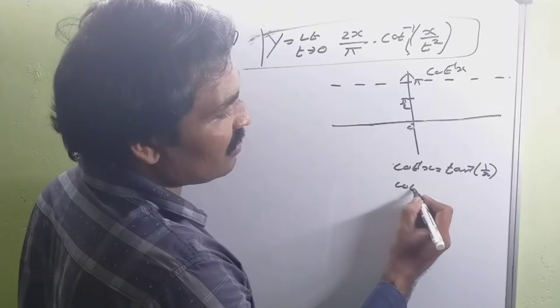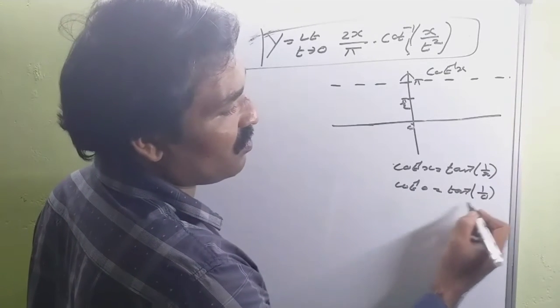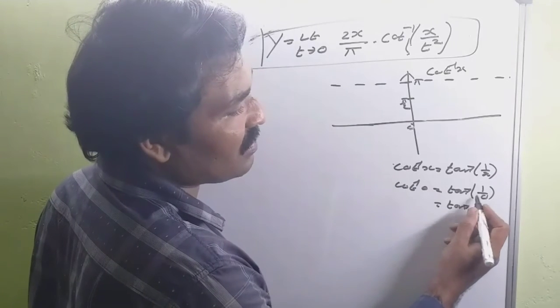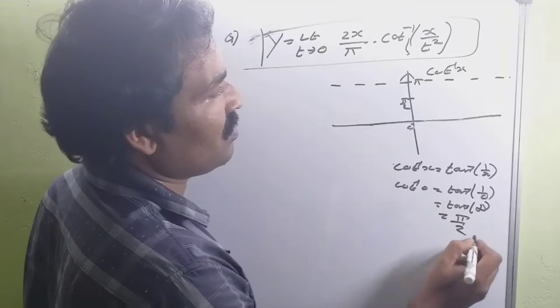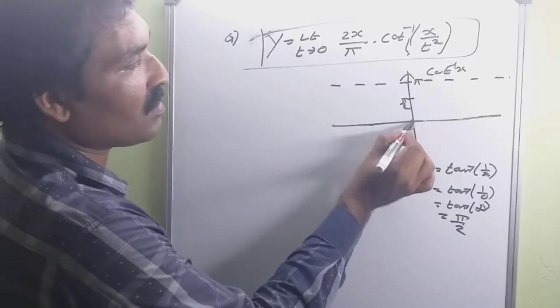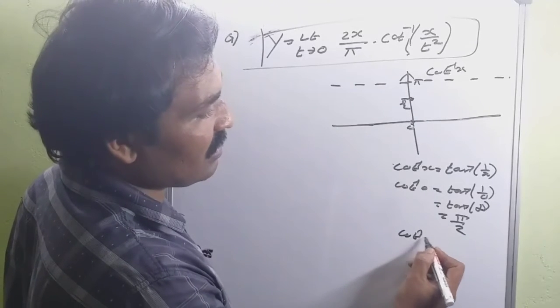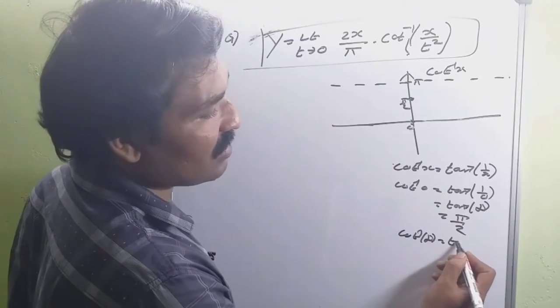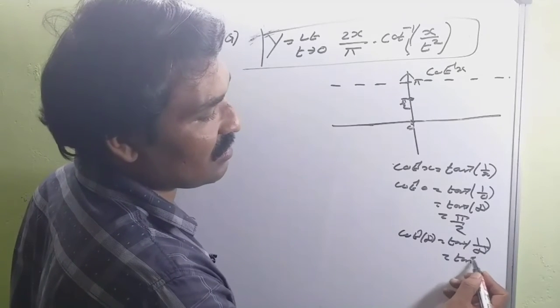So cot inverse 0 is equal to tan inverse 1 by 0, that is tan inverse infinity, which is equal to pi by 2. So here this value is pi by 2. Then cot inverse infinity is equal to tan inverse 1 by infinity, that is tan inverse 0, equal to 0.